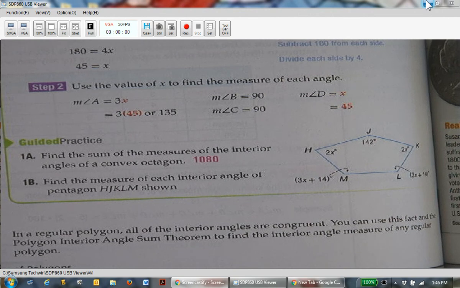Let's do 3 times x, which is 37, plus 14. Yeah, that's it. Very good. It's 125, I believe. Sorry, 111 plus 14. That's 125. Okay, so you got x equals 37. Very good job.